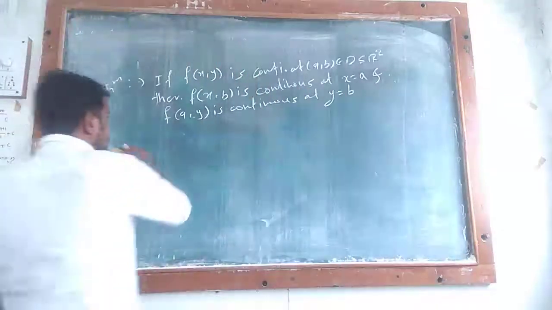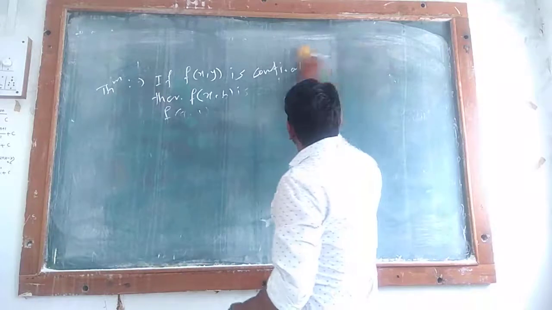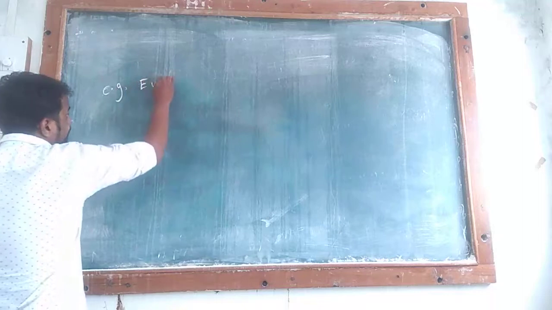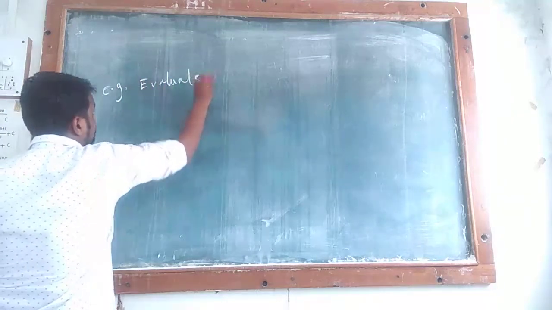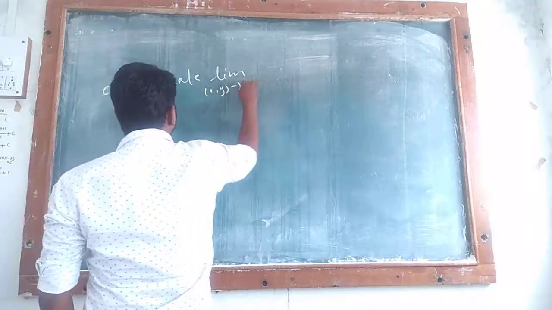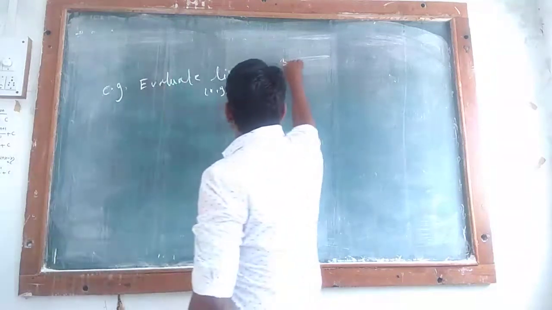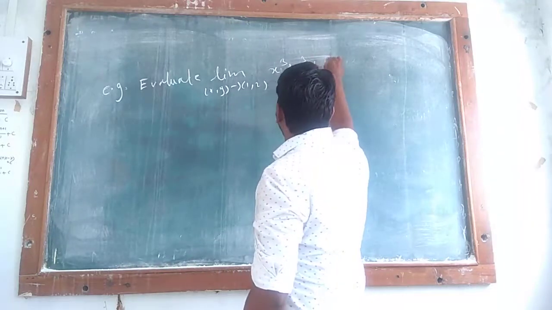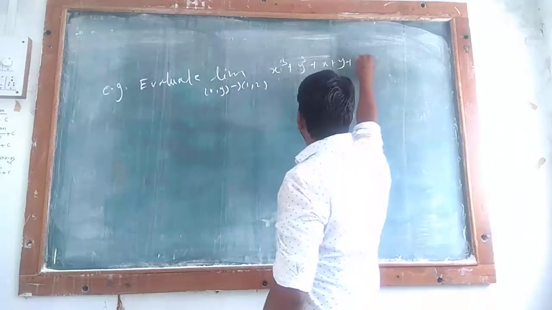Now, next is an example. Evaluate the limit as (x, y) tends to (1, 2) of x cubed plus y cubed plus x plus y plus 2.